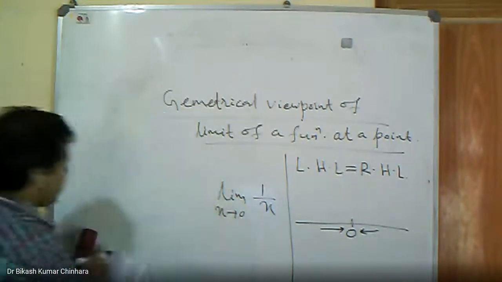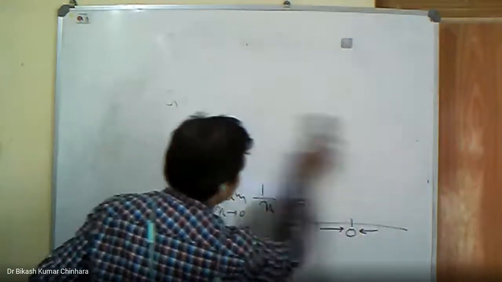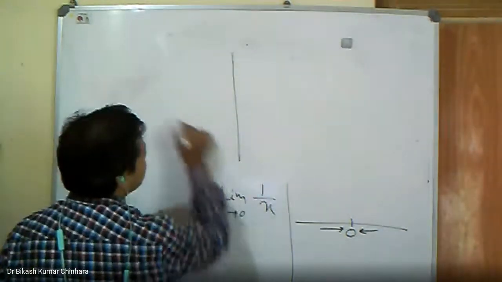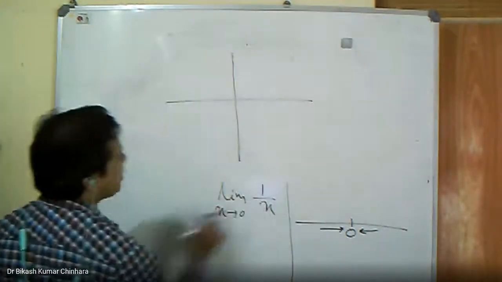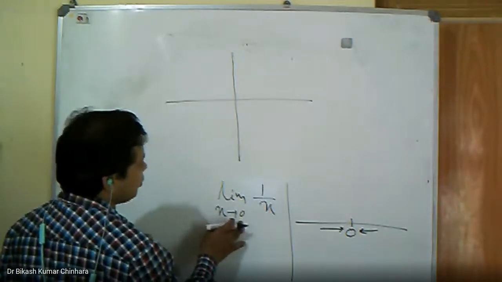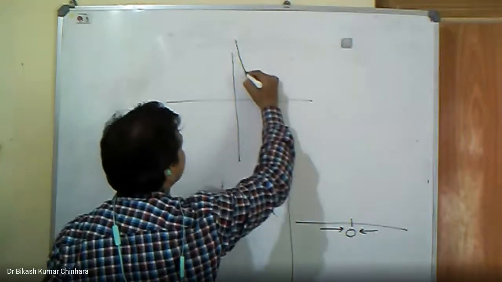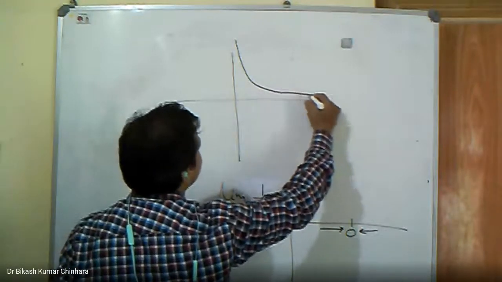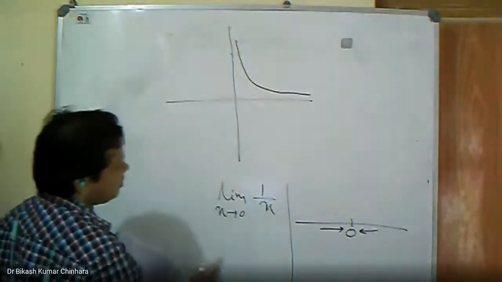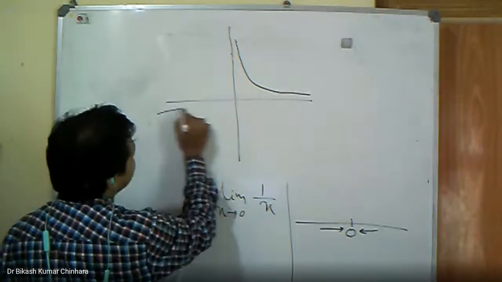So we are writing in this manner, and before doing that, we should plot the graph of 1 by x, to see how it behaves when x is approaching 0. It is just like this. When x is approaching 0, its value is like this, and when x is approaching 0 from the other side, its graph is like this.